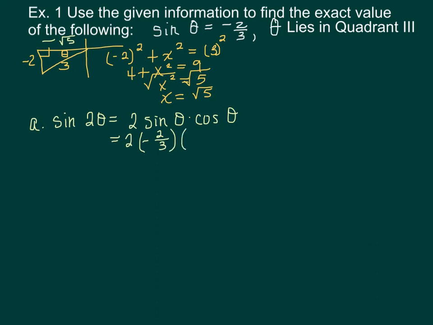We can now find cosine theta from our triangle. So cosine is adjacent over hypotenuse. And we're just going to multiply straight across. I'm going to put this over 1. So a negative times a negative is a positive. So in the numerator we have 4 square root of 5. And my denominator would be 9.